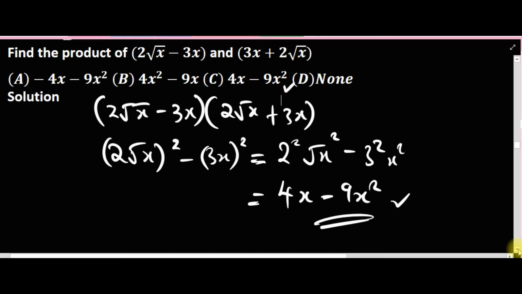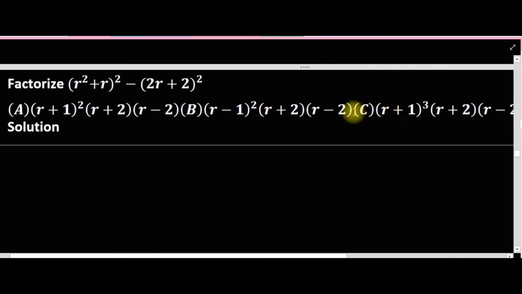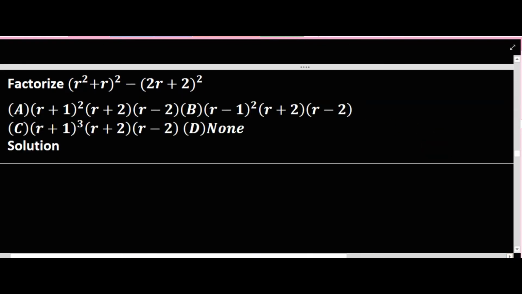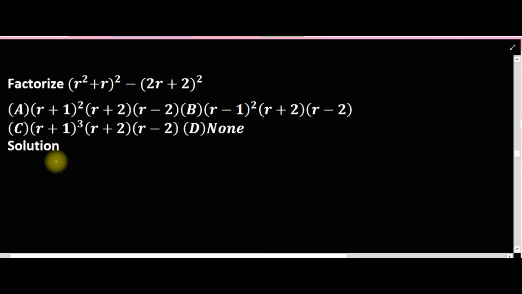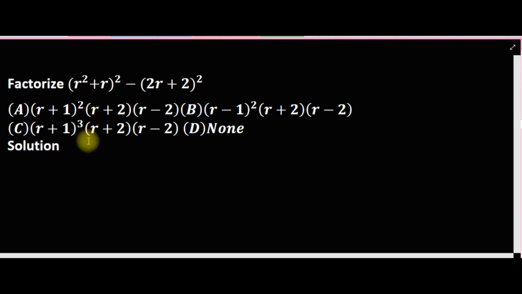The next question, we're asked to factorize that. Okay, the first thing I will do here is, instead of using difference of 2 squares directly, why not let me do it this way?